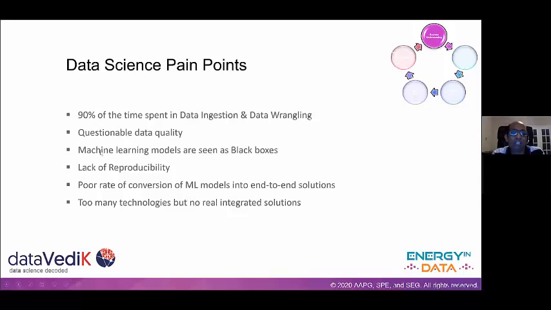The next part which data science teams typically face is the machine learning models themselves. They are seen as black boxes, which means people are unable to understand how the model is predicting the results. And that becomes a pretty big question mark on the reliability of the model. People want to believe in the model, but if they are seen as complete black boxes, they will not be able to rely on the results of the model.